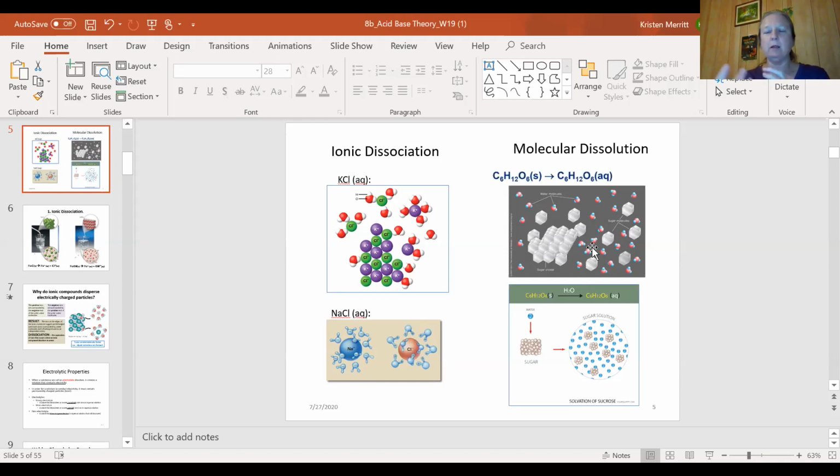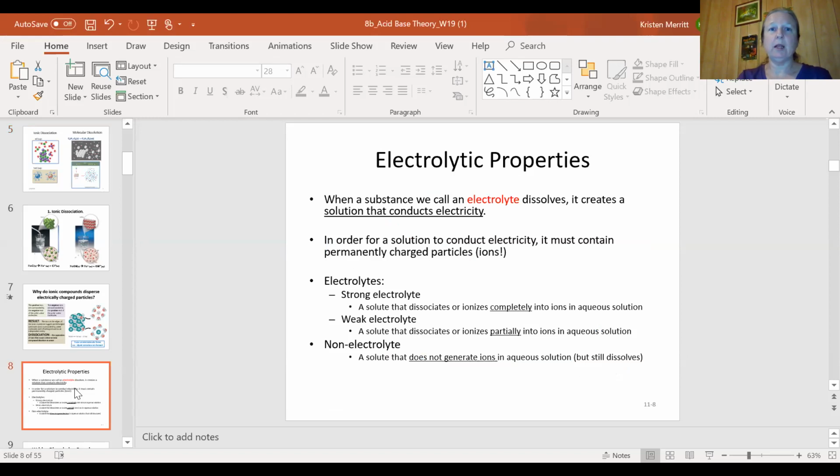Water cannot find a polar area to react with. So oil does not dissolve in water because oil is completely nonpolar and water is polar. So it's all intermolecular forces. When we have what's called an electrolyte dissolve, that means it creates ions, and that means that it conducts electricity.